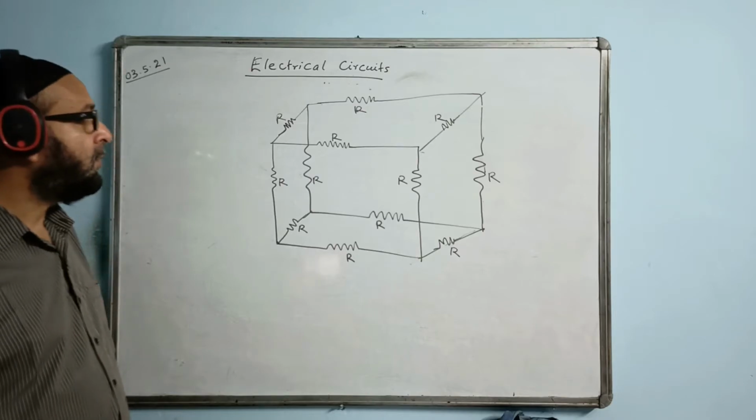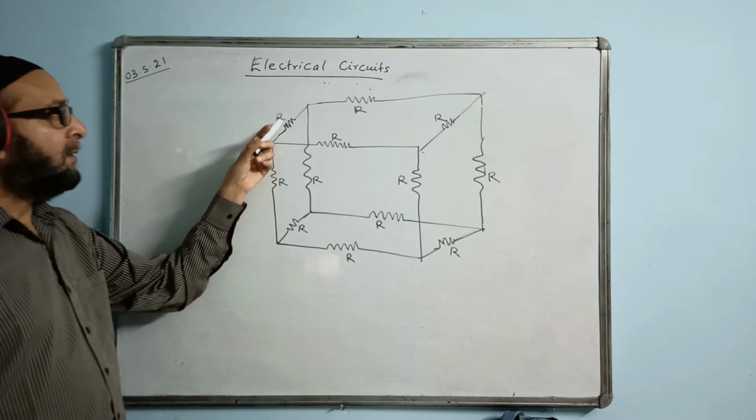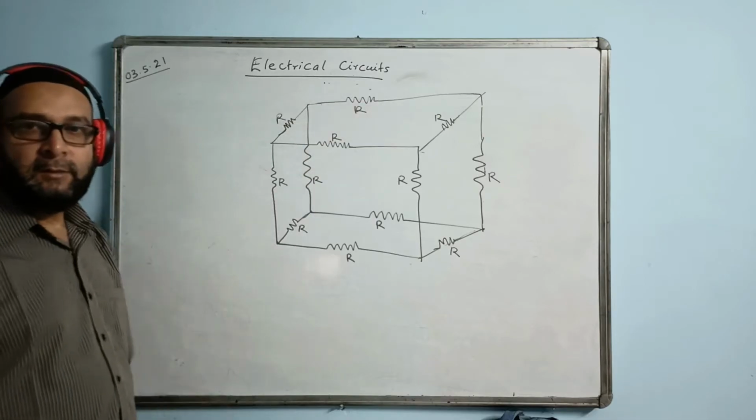They are showing a cube. The resistance of each side of the cube is R.